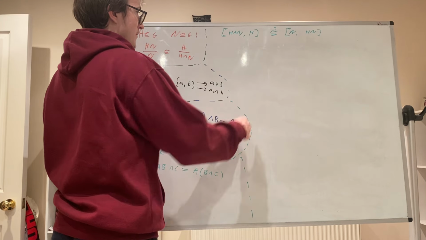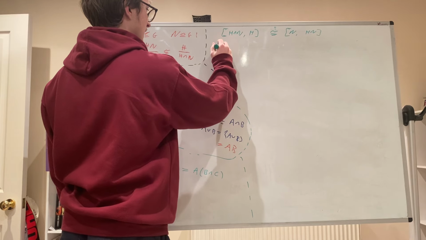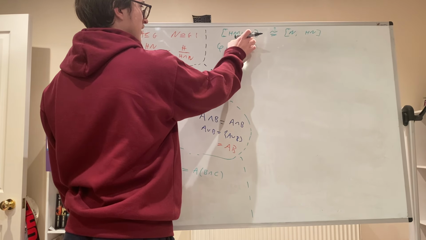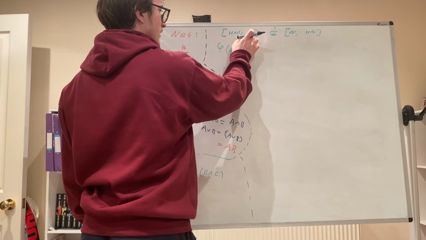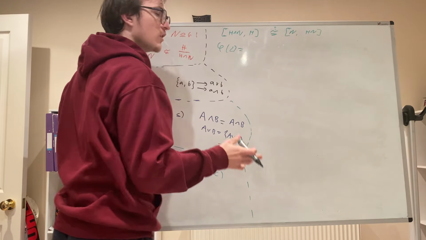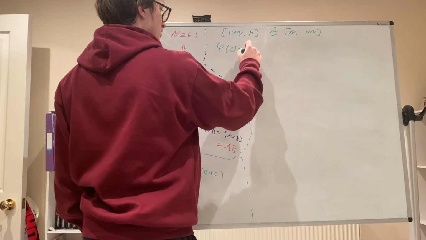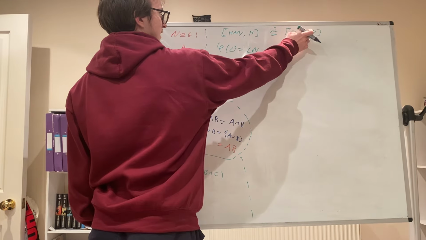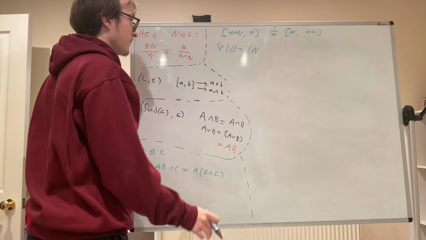I'm going to construct the map from here to here, phi, so that phi of L is, well, a very natural choice would be the product LN, which you can clearly see lands within this interval.